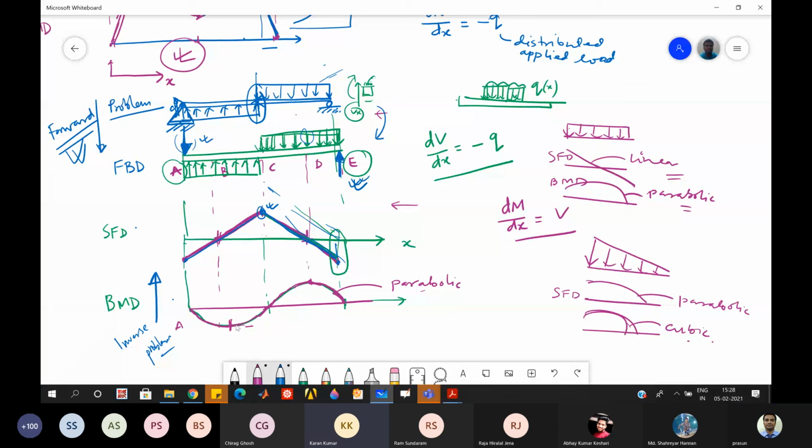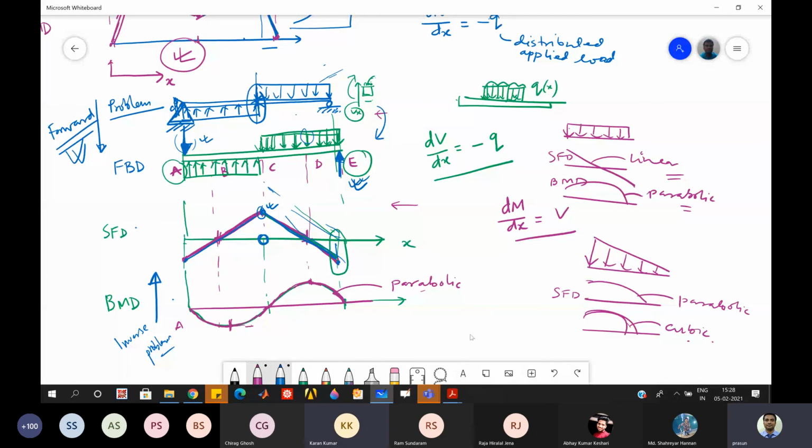Excuse me, sir. For the SFD, that vertex point, if it is on the x-axis, that vertex point SFD value is 0, then how will we do it? How will the FBD look?